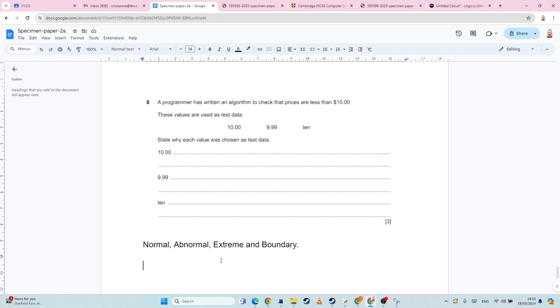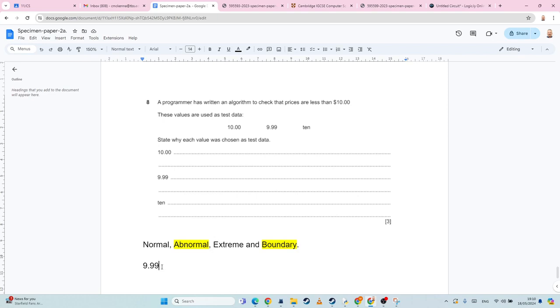So if it's not valid, it has the possible option of being abnormal data, but it also has the possibility of being boundary data. So in this case, is 10 exactly on the mark where it changes from being valid data to invalid data? If I were to subtract 1 from it, or even less than 1, then would 9.99 be valid?